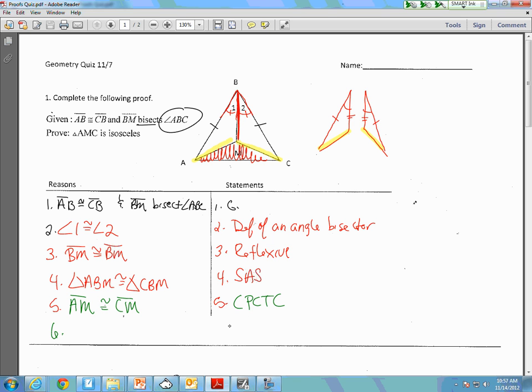And step 6, now that I know in this bottom triangle this segment here is congruent to that segment there, I now know that this triangle on the bottom is an isosceles triangle. So I'll say now that triangle AMC is isosceles. The definition of isosceles triangles.